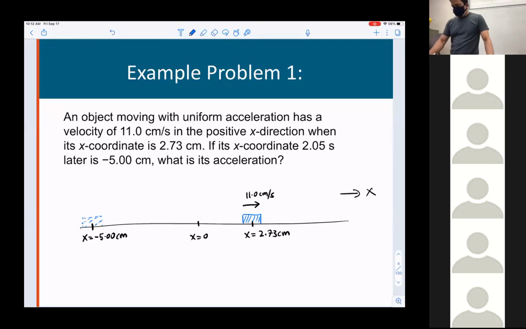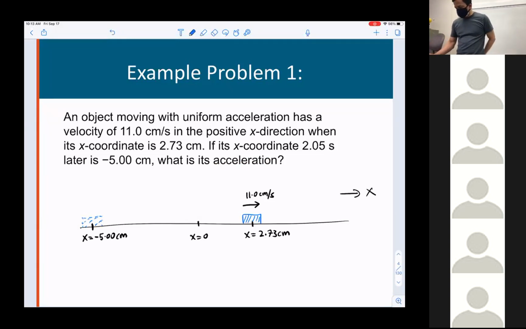Now, the strategy here is that we're supposed to take this information and find what the acceleration is in this question. So what we want to do is translate this word problem into what it means for us in terms of our master equations.